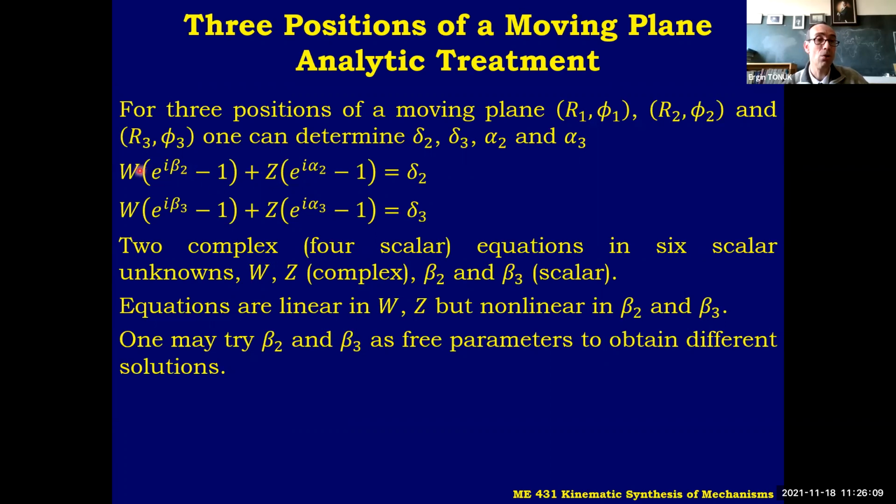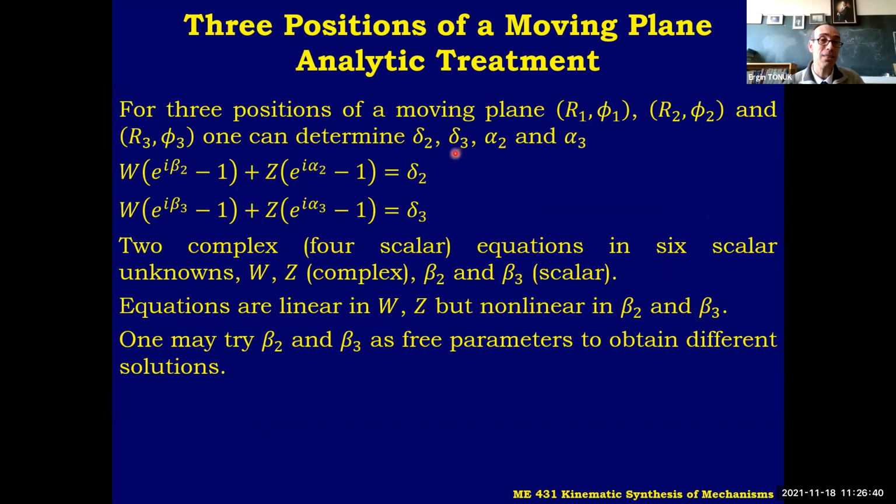So I have 4 scalar unknowns for these 2, because they are complex, and the 2 corresponding unknown crank rotations. Okay? Now, the good thing is these 2 equations are linear in those 2 vectors, but nonlinear in beta 2 and beta 3.